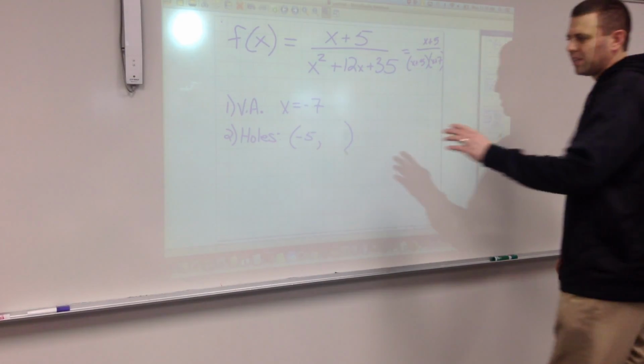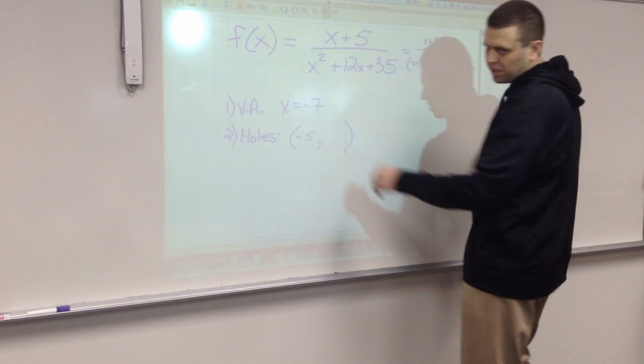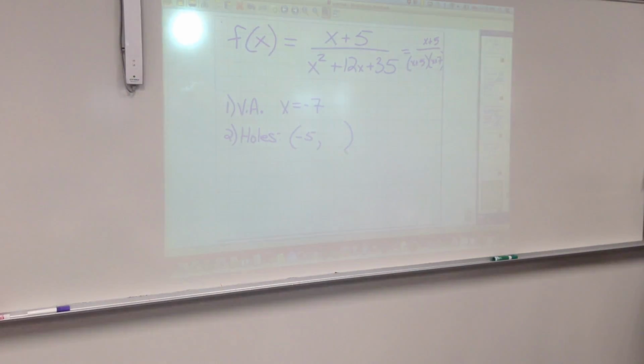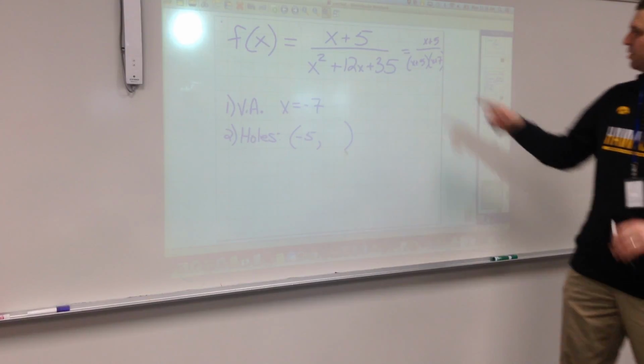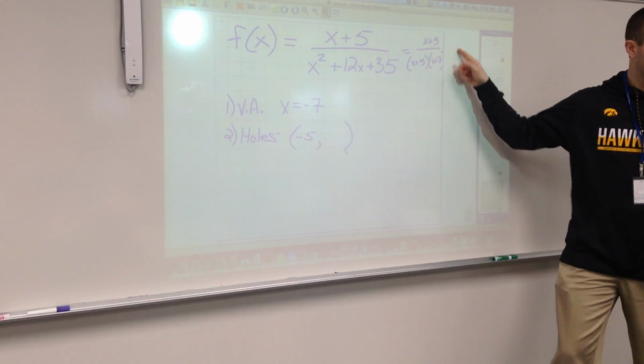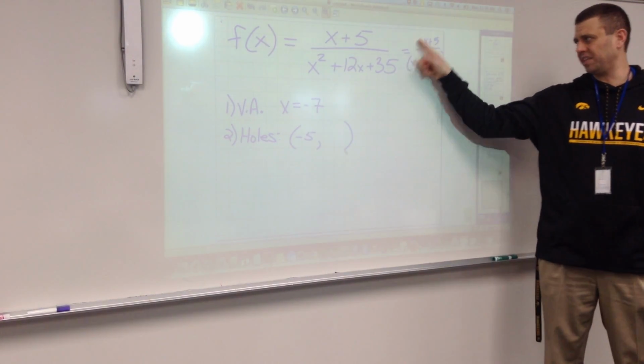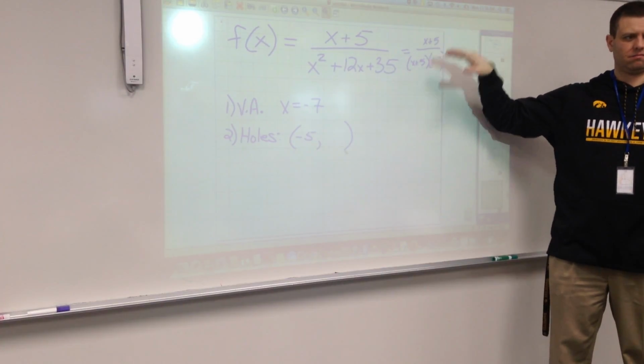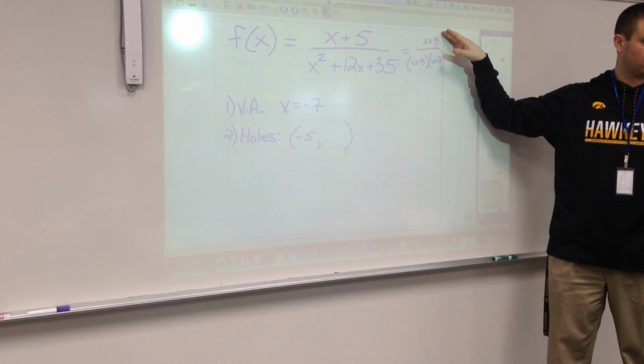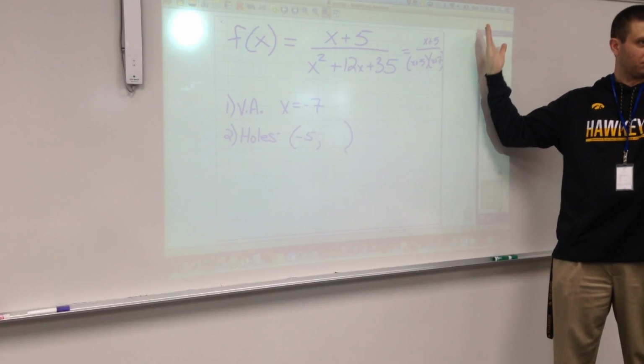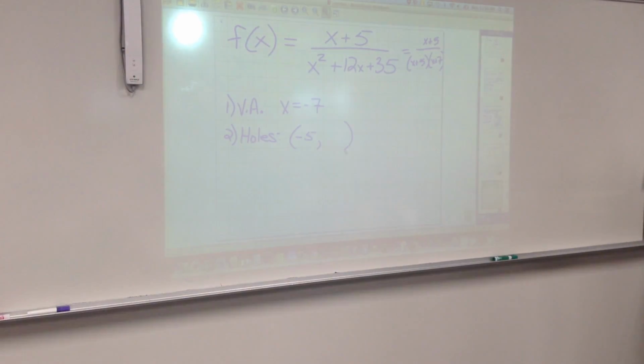How do I figure out the exact location of the hole if I know the x value is -5? Plug -5 in for x. Can I do it into this function right here? No, if you do, what do you get? 0 over 0, which is undefined. That's not an answer. So what do you have to do?